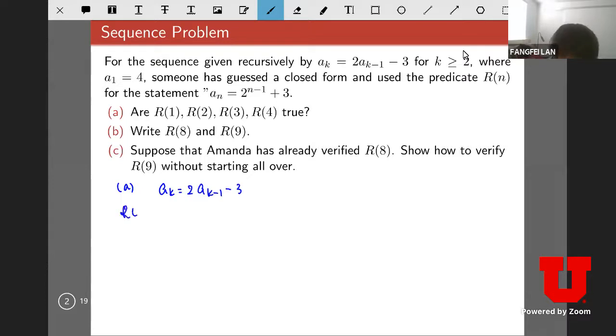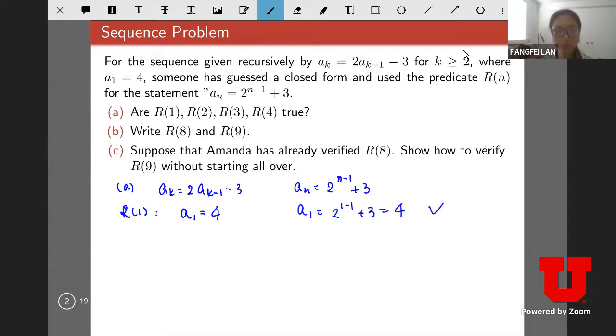Then R1 is basically to calculate A1, which is already given with the recursive formula, which is 4. And with the closed formula, we have 2^(n-1) plus 3. Then A1 is equal to 2^(1-1) plus 3, so that's 4. So this one is true.